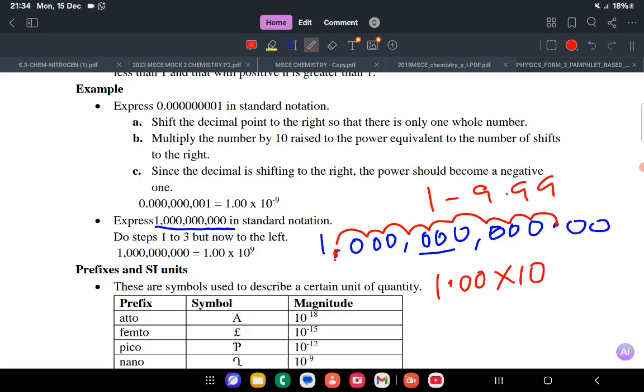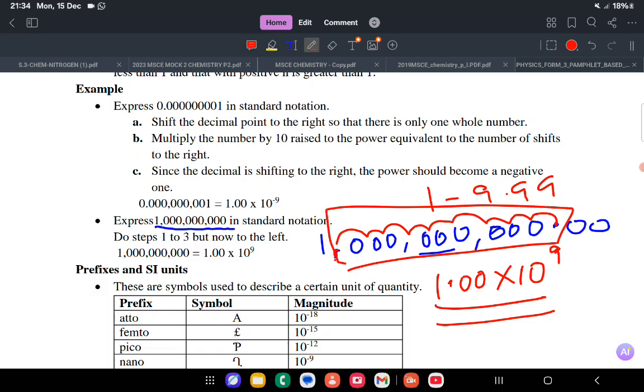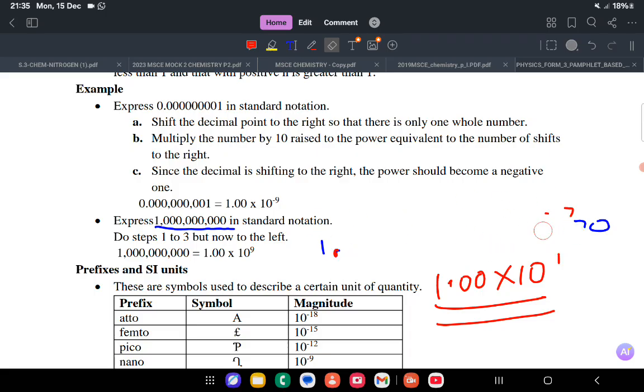How many times did I shift the decimal? It's 9 times. So the number now is going to look like that. A bit more decent than it was before. The danger here is that if you write your number like this, you can drop the 0 and it will change the meaning of everything. All right, so this is a better form of presenting it than before.